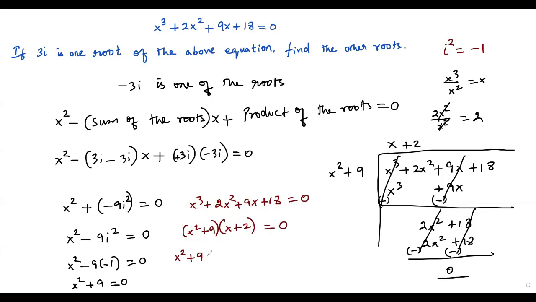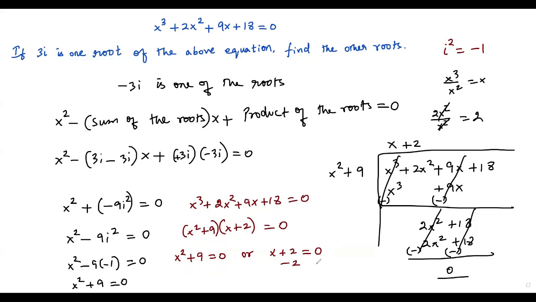Either the first one equals 0 or the second one equals 0. We don't have to solve the first equation x squared plus 9 equals 0. Actually we got this equation using the two roots, 3i and negative 3i. Even if I solve this equation, I'll be getting the same roots again. Already we got it. So now let's solve this equation.